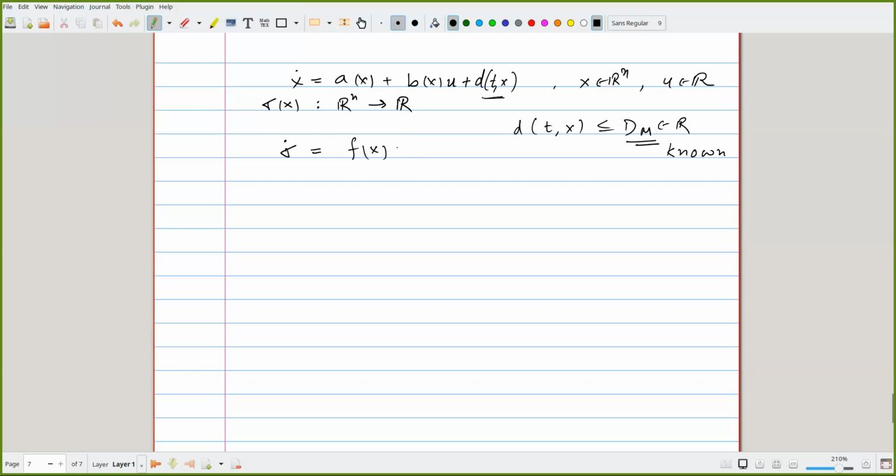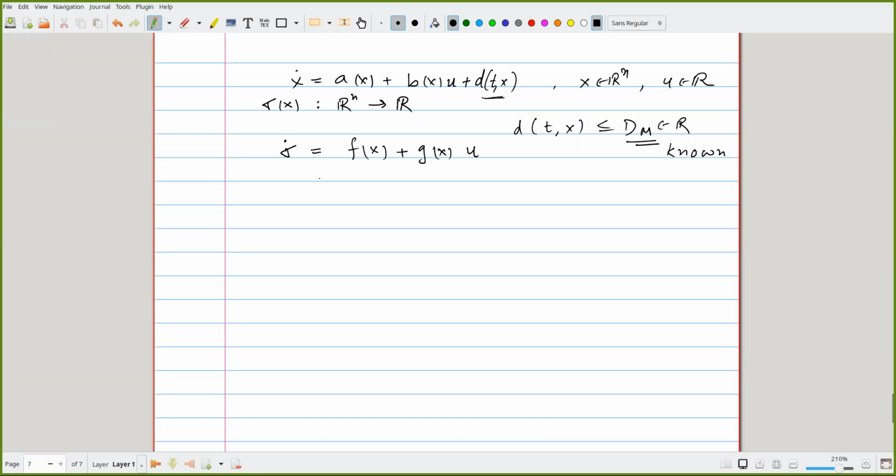Then we can find the sigma derivative in terms of f(x) plus g(x)u. f(x) will have some terms of a, and g(x) will have some terms of b and the disturbance. Whatever the structure, we'll see one example.